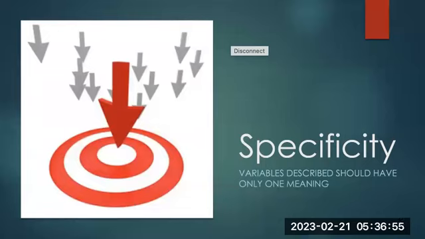Specificity, so variables described should have only one meaning. The researcher has the responsibility to ensure that a research hypothesis is stated so that no misunderstanding can result. For example, the hypothesis, poorly timed marital counseling will reflect a low success rate, lacks specificity in addition to having other problems.